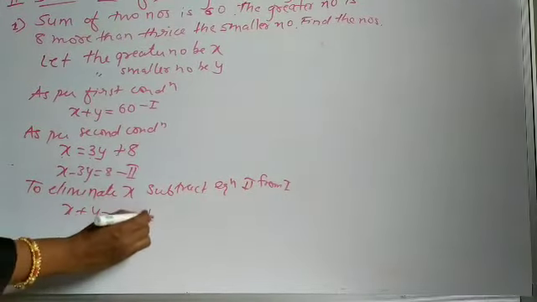Now you have to subtract this. When you are doing subtraction, the signs of the second equation change. This plus x becomes minus, here minus becomes plus, here again plus becomes minus. This x will get cancelled.